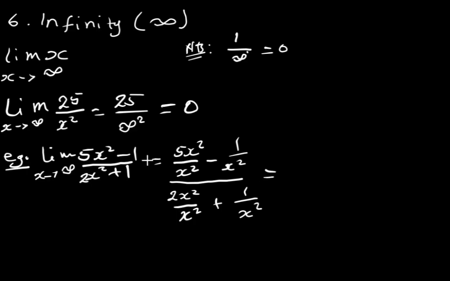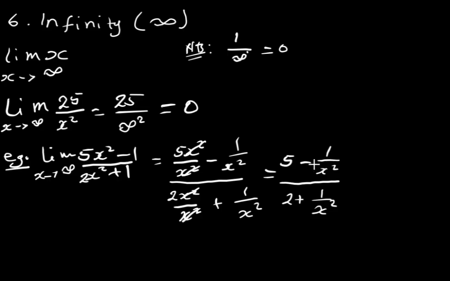Now we can see that this x squared cancels this x squared, and also this one cancels this. So it's going to be left with 5 minus 1 over x squared, okay, all divided by 2 plus 1 over x squared, okay. All right, so here there's no way we can further simplify it.